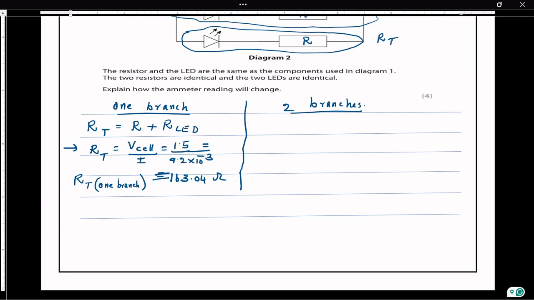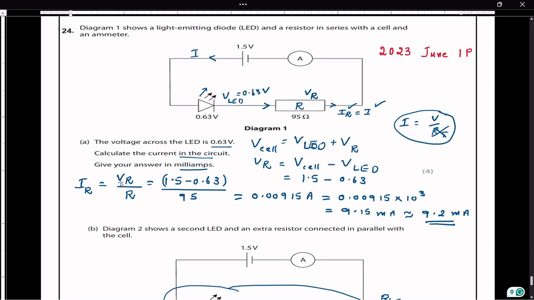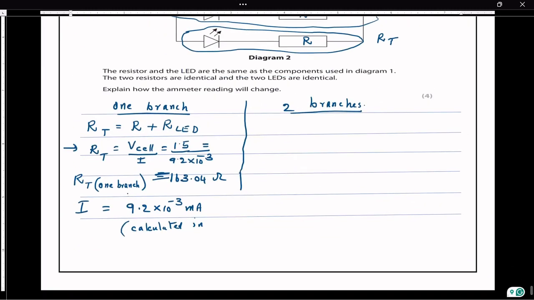Now let's see the total resistance for two branches, and also we can calculate the current for one branch. There is no need of calculation because we already calculated it is 9.2 times 10 to the power of negative 3 amperes, calculated in part A of the question.